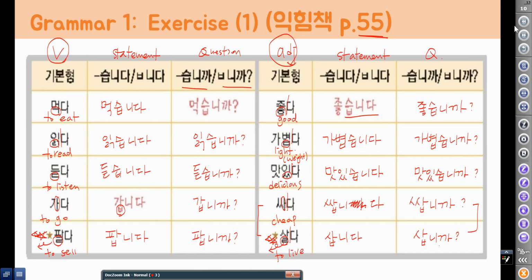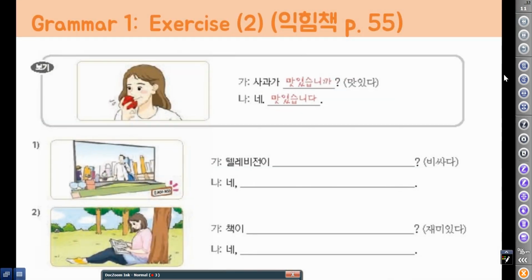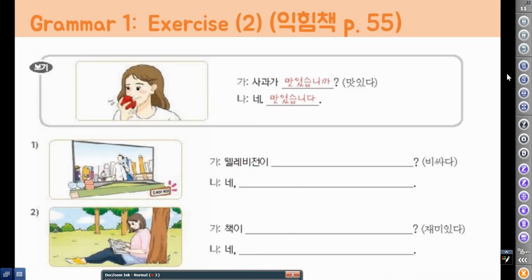All right. Let's do more exercises. So, it's a yes, no question. And then, so something 이가, adjective, 입니다.